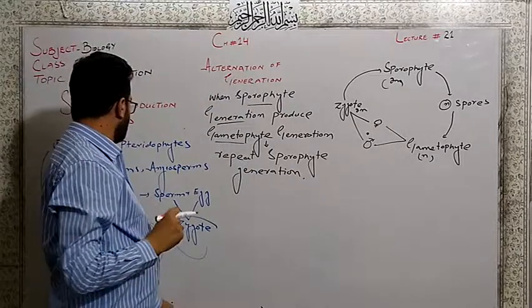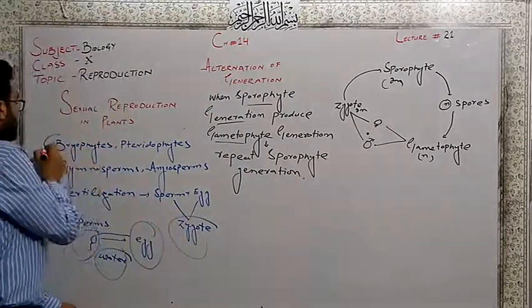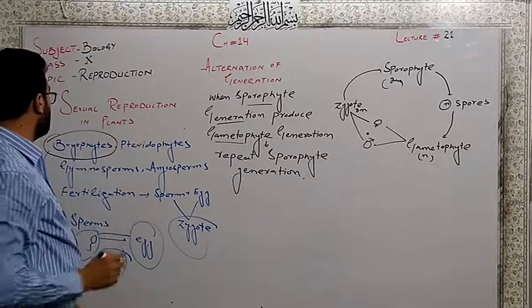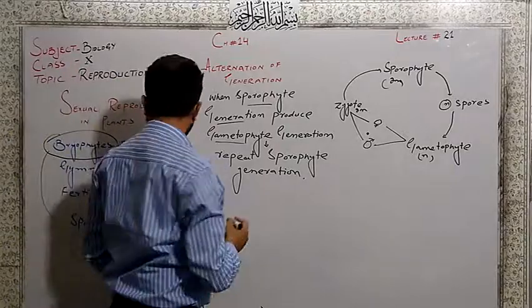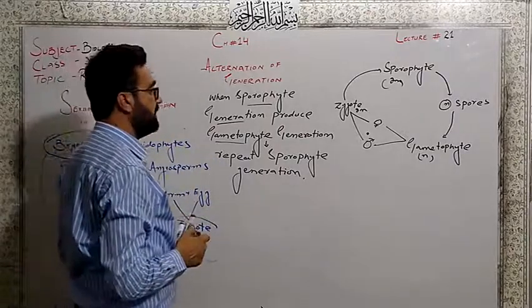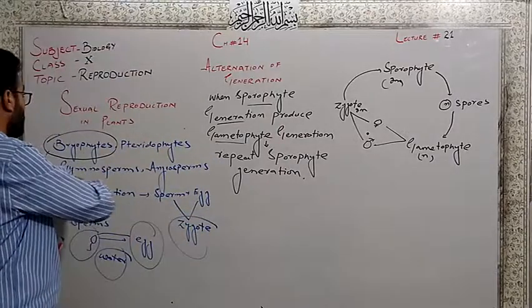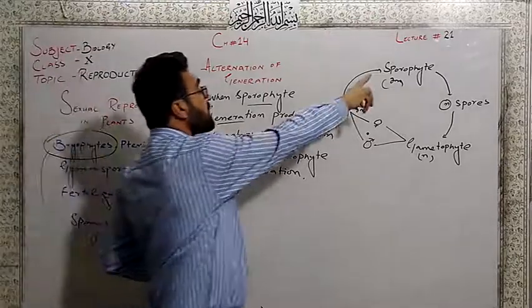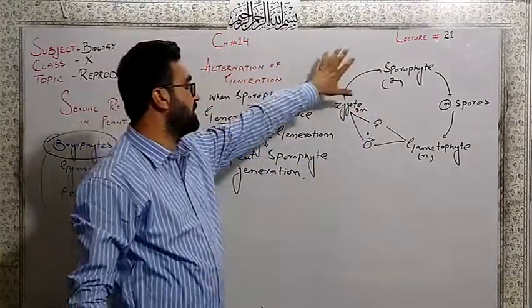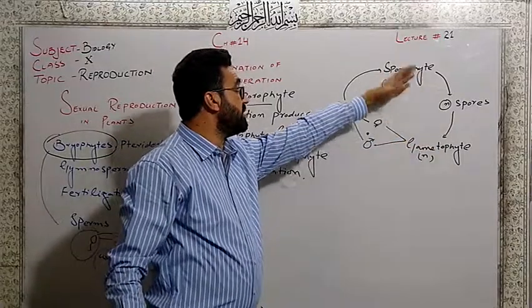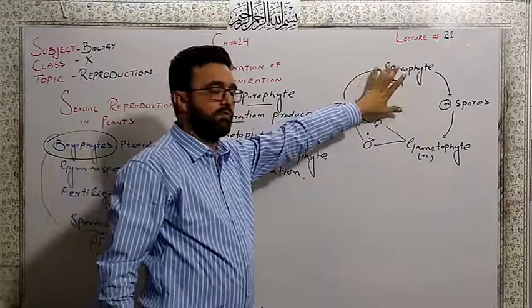Now, one thing I wish to share with you is that bryophytes are the only plants in which the gametophyte generation is dominant. Otherwise, in pteridophytes, gymnosperms and angiosperms, the sporophyte generation is dominant over the gametophyte generation, and the gametophyte generation is dependent on the sporophyte generation.